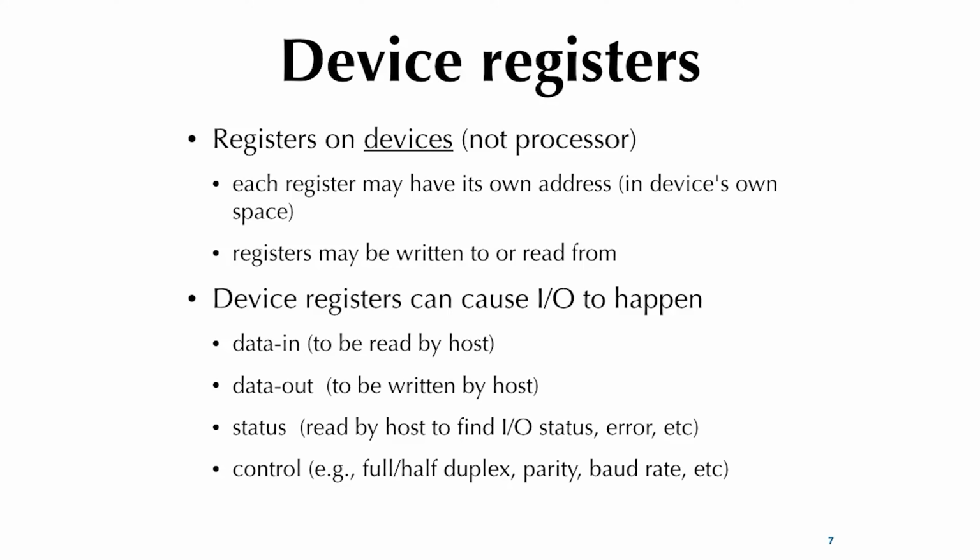Now there are registers that provide status, so that they tell you if the device is busy reading, writing, or it's finished, or if there's an error, and what error it is, the error code, right? And control would be more like settings. You want to set it to different configurations. For example, if you do a communication device, you may want to set it to full duplex, half duplex, simplex?